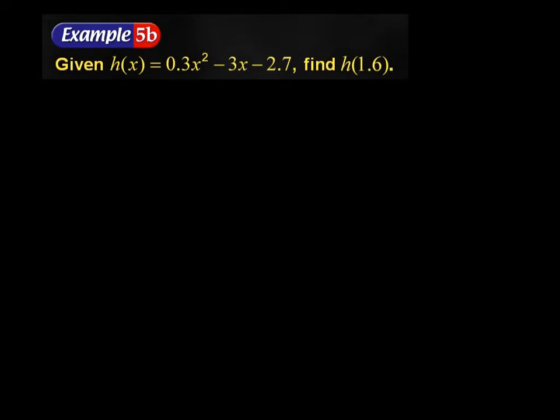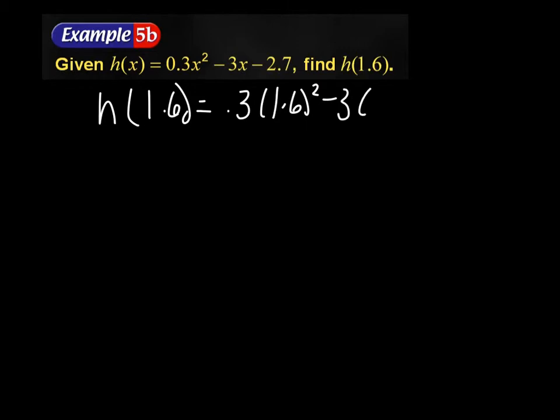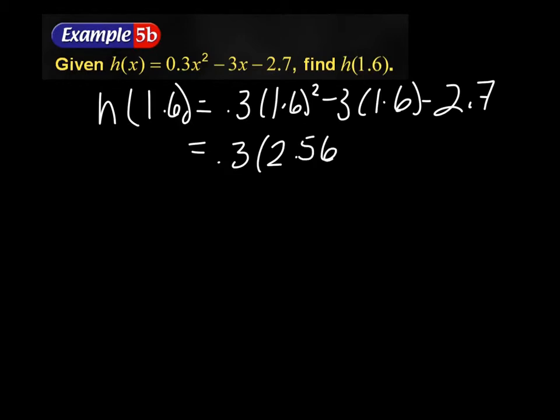This has got decimals. I'm going to want a calculator. If we need to find h of 1.6, every place there's an x, I'm going to replace it with 1.6. And then I've got -3 times 1.6 squared is 2.56. -3 times 1.6 is 4.8 minus 2.7.